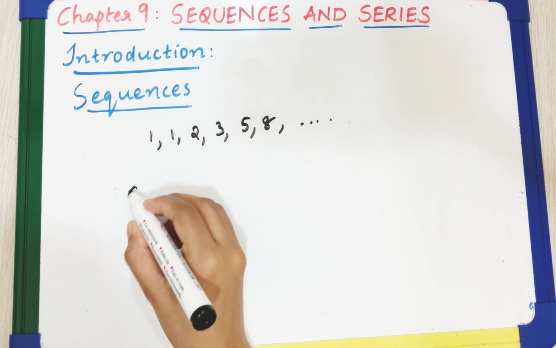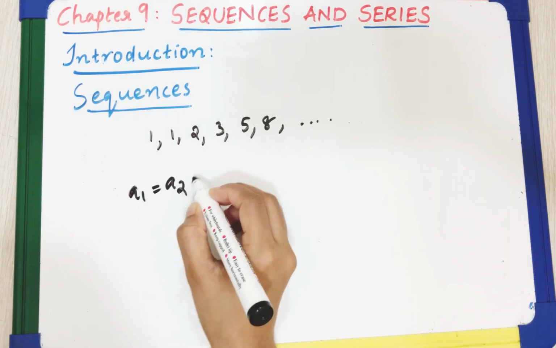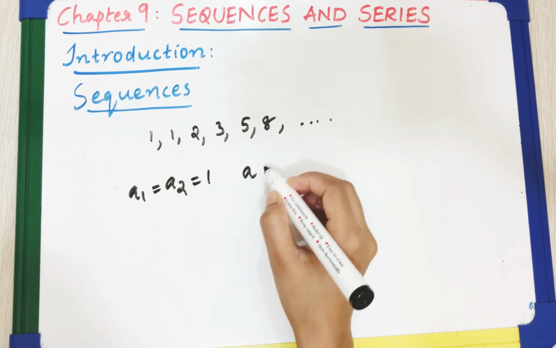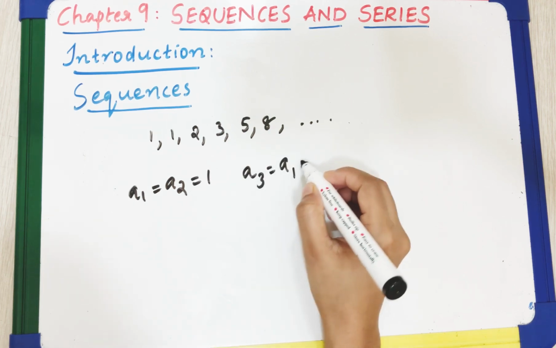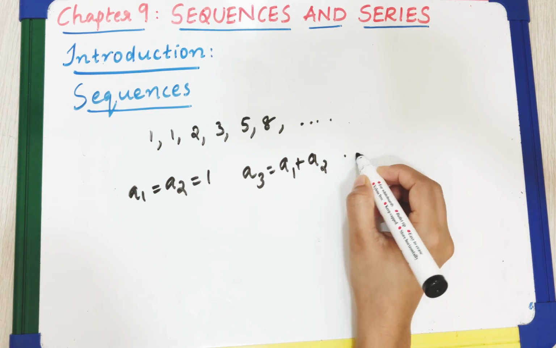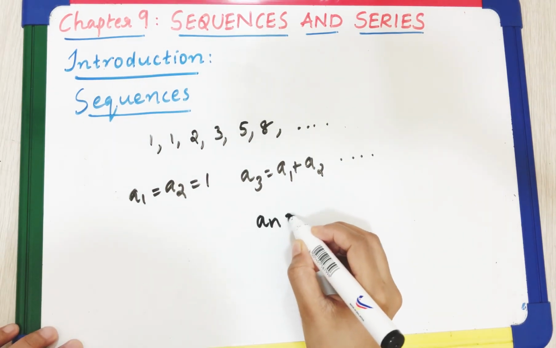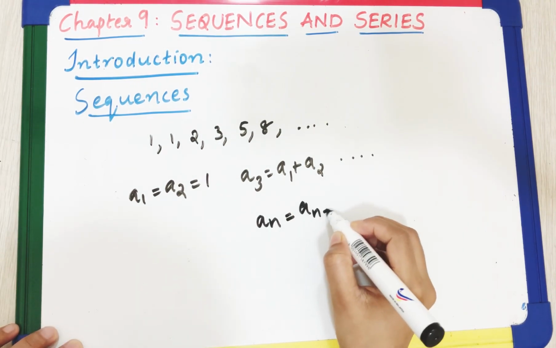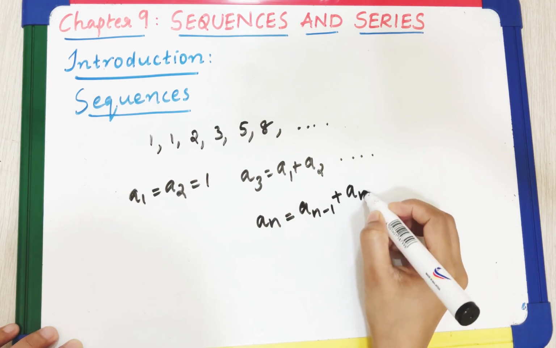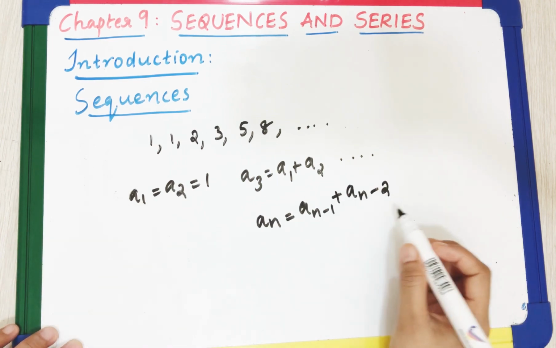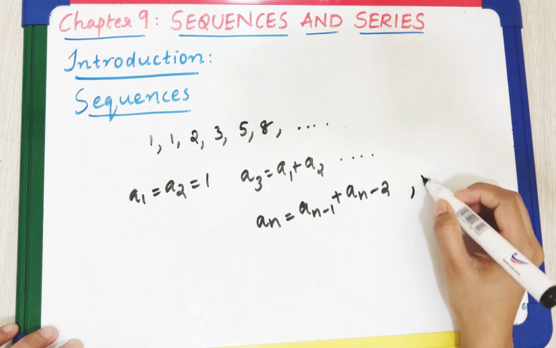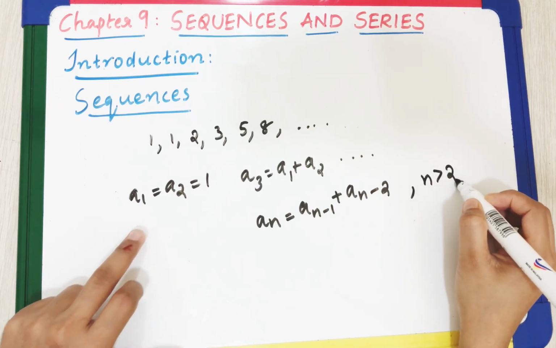So we can define a1 is equal to a2 is equal to 1, a3 is equal to a1 plus a2, etc. an is equal to an minus 1 plus an minus 2, the sum of preceding terms, for n greater than 2.